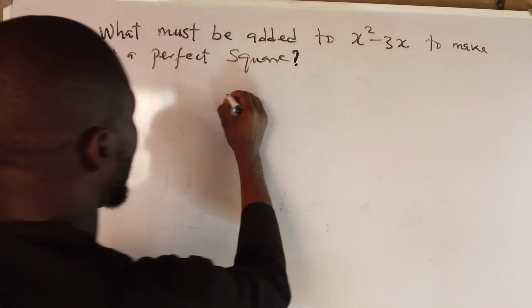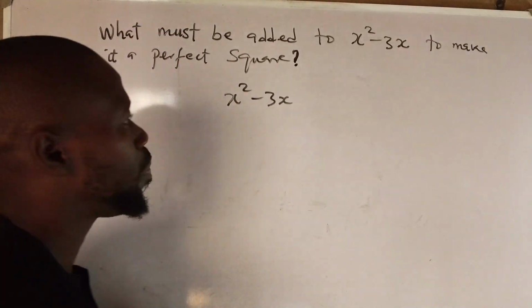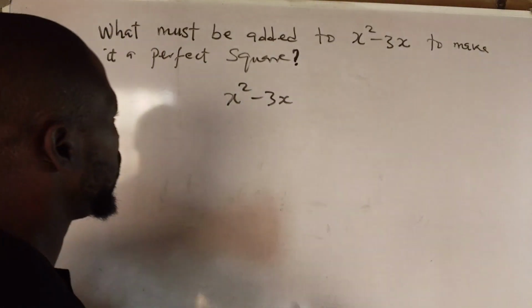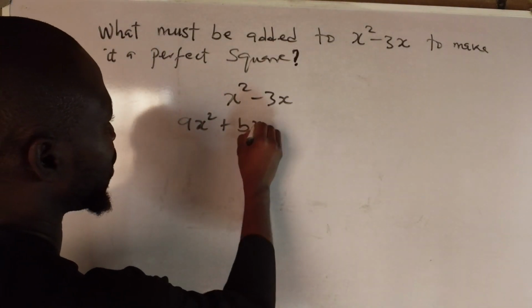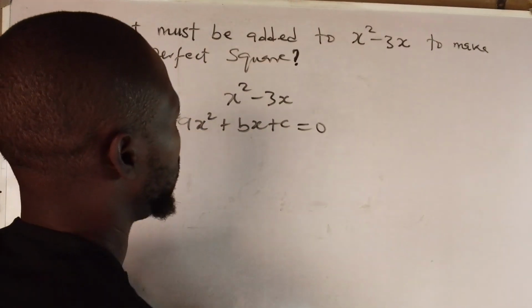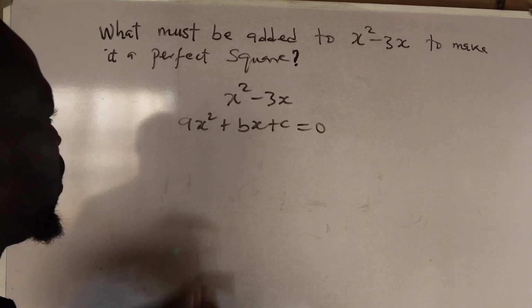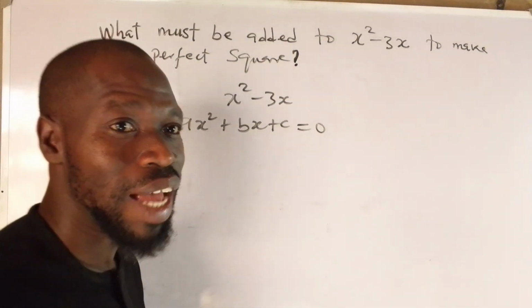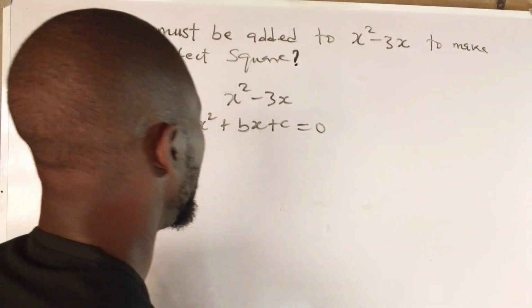First of all, you have x squared minus 3x. You want to make it a perfect square. When you're solving equation using completing the square method, a quadratic equation has the format ax squared plus bx plus c is equal to 0. Without taking you too far, first of all, you want to make the coefficient of x squared to be 1. You can refer to my class on how to derive the quadratic formula using completing the square method.